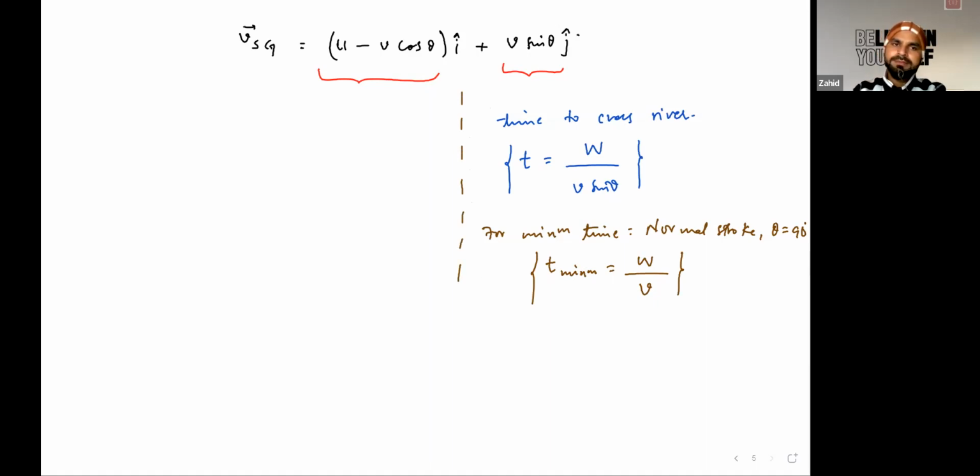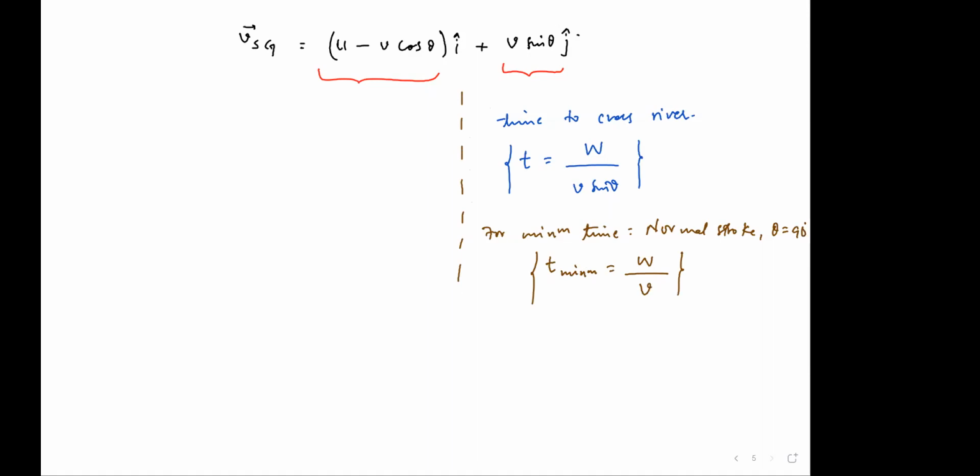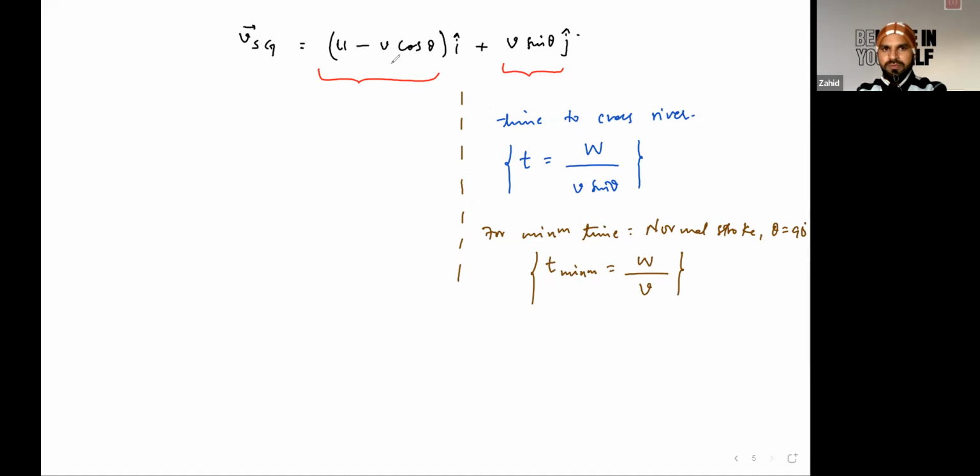Ifra, is it clear? Yes, sir. Now this horizontal component will be responsible to drift the swimmer along the left side or along the right side. It will depend upon the values of u and v cos theta.